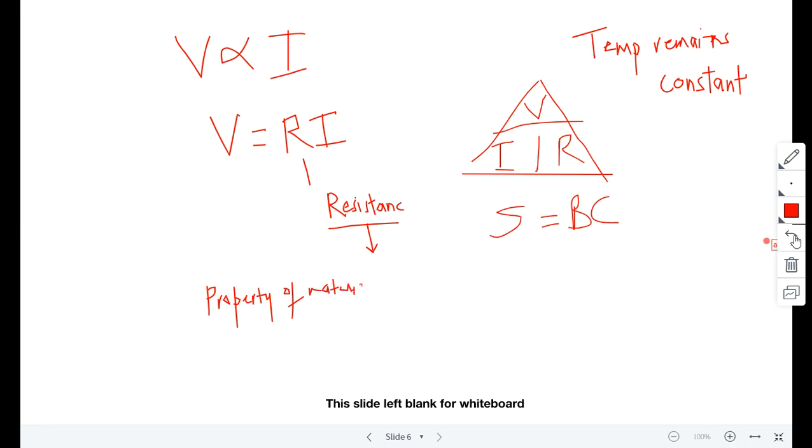So, a property of material which resists the flow of current, or which obstructs the flow of current. Okay, so resistance is a property of material that obstructs the flow of current.